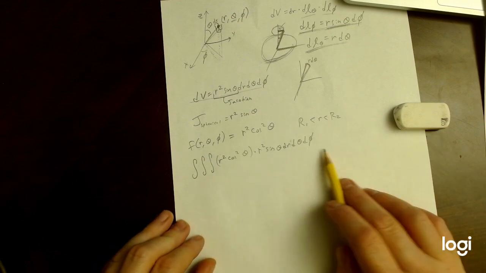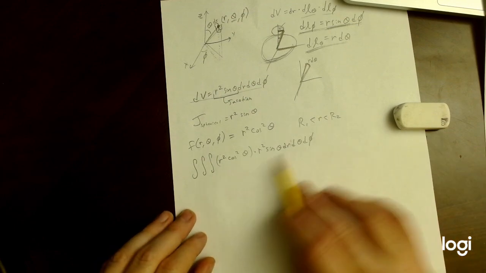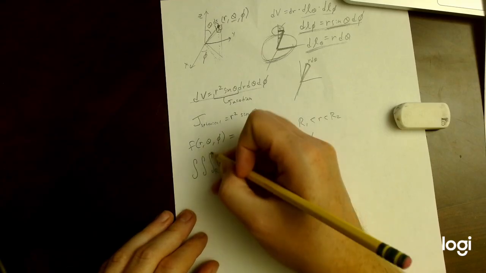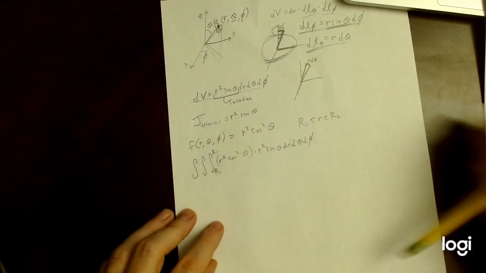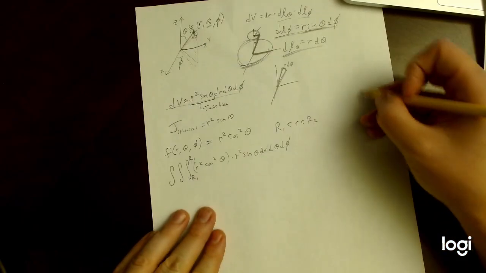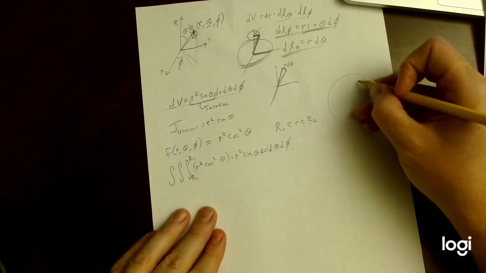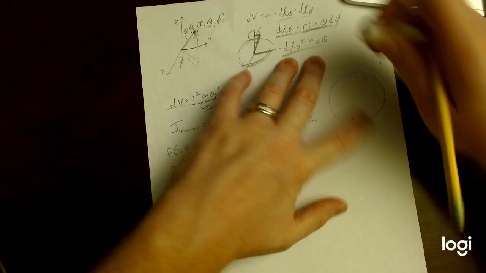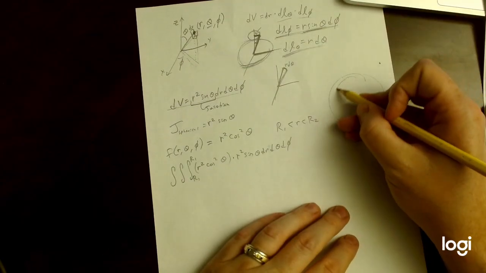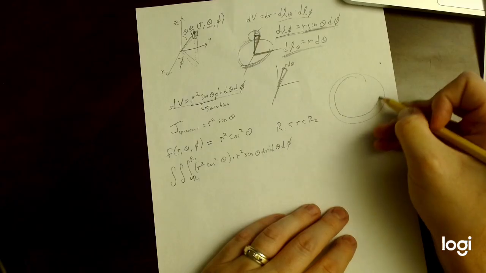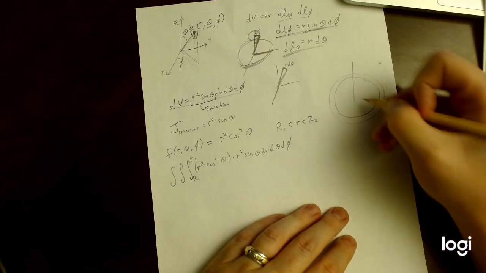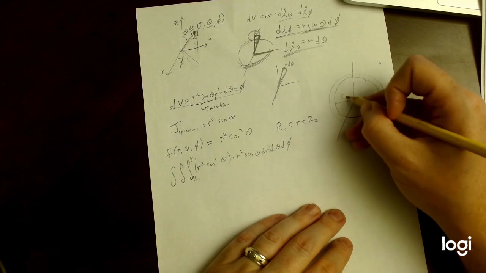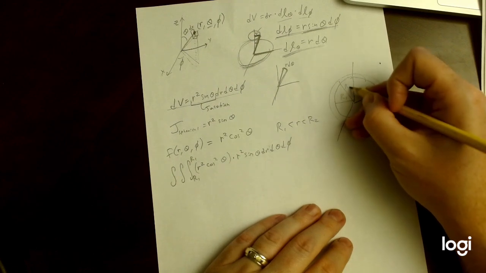And now that I've written this out in this way, I can apply my limits. I know my r limits have to go from r1 to r2. Now, let's see if I can draw this out here to give you a rough idea. Apparently I'm not as good at doing these drawings when they're not on the chalkboard. So something like this, where this would be r1 and this is r2.